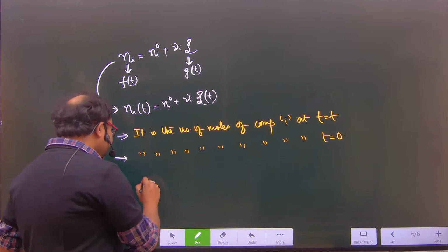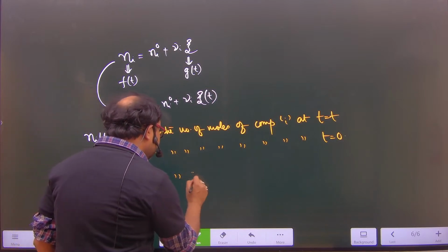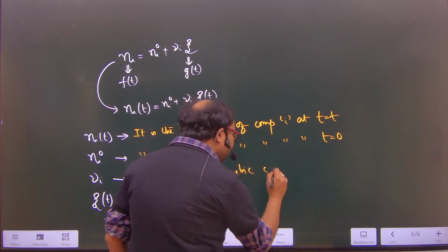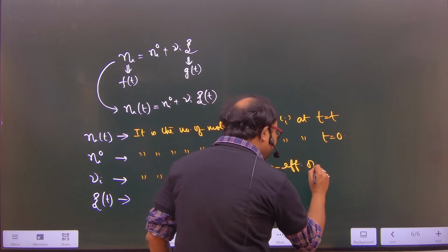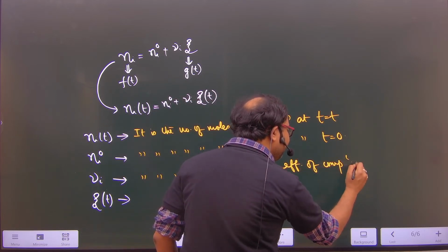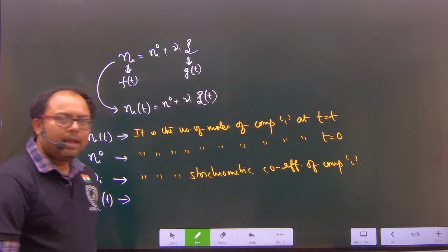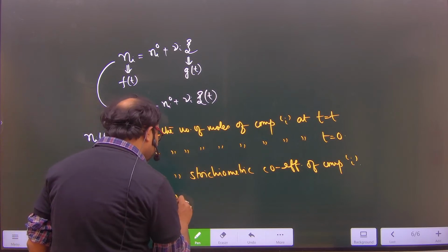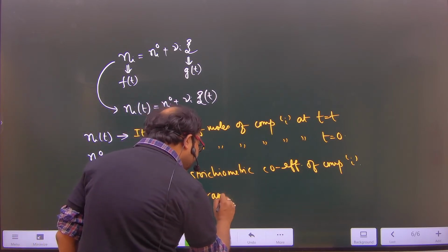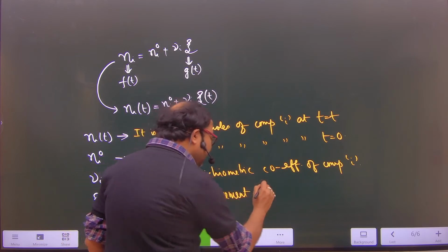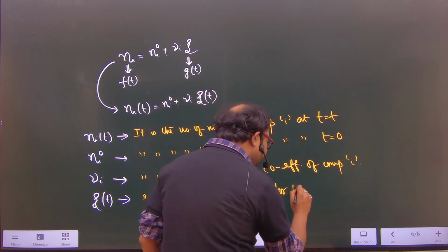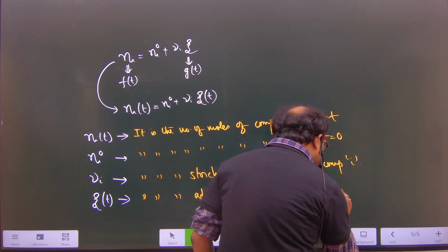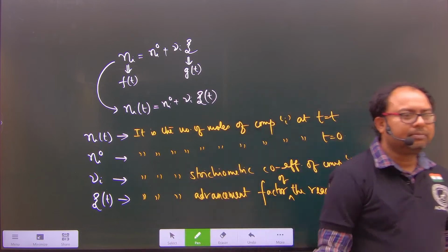Nu i is the stoichiometric coefficient of component i. And Xi(t) is the advancement factor of the reaction.